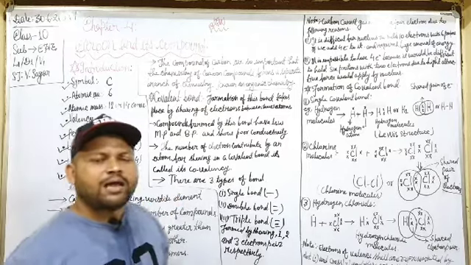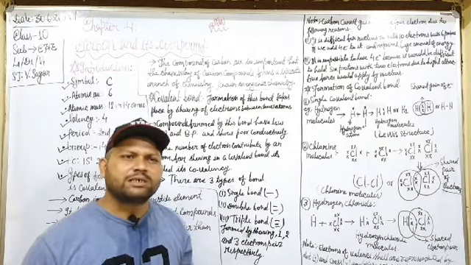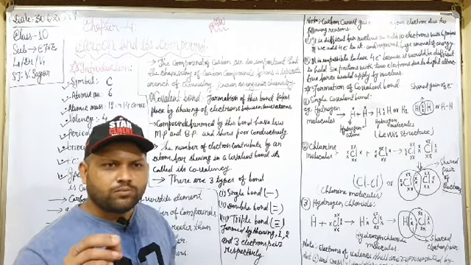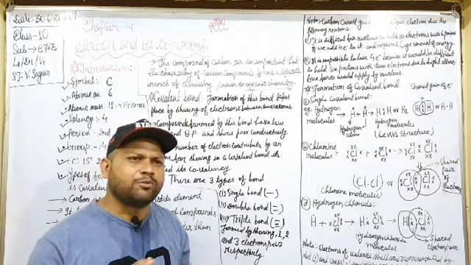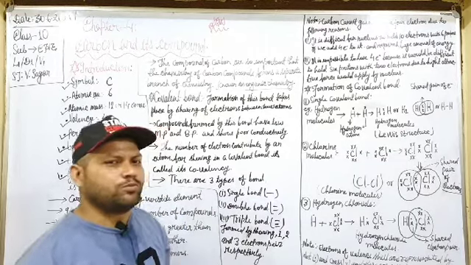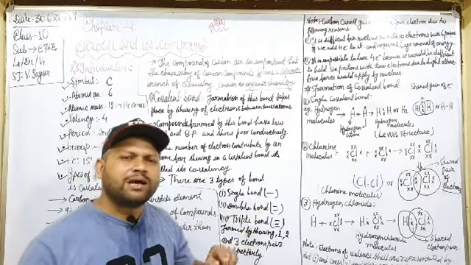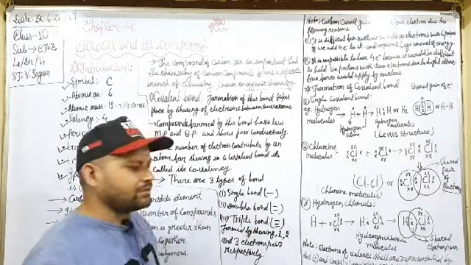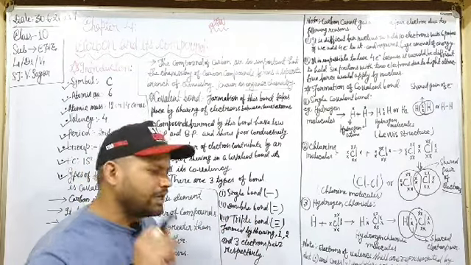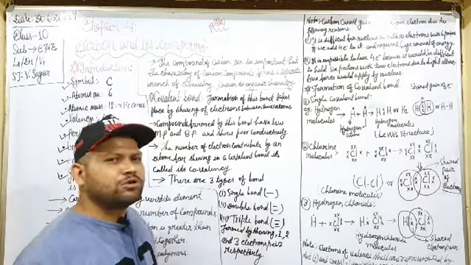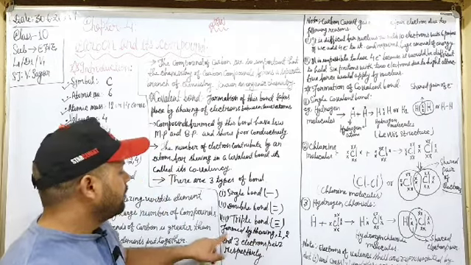Now I am going to discuss the types of covalent bond. Depending upon the electrons shared during the formation of the bond, there are three types. First is the single bond, formed by the sharing of one electron pair; the double bond, formed by the sharing of two electron pairs; and the triple bond, formed by the sharing of three electron pairs.